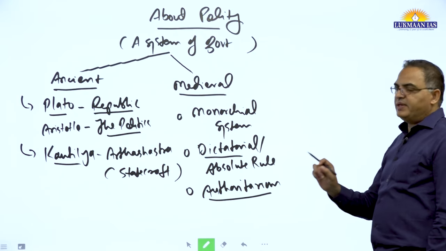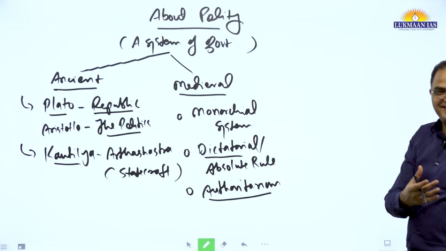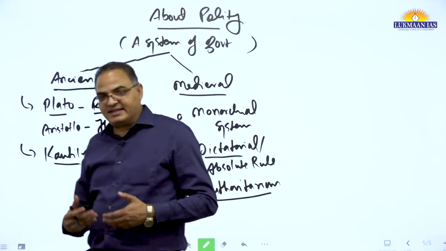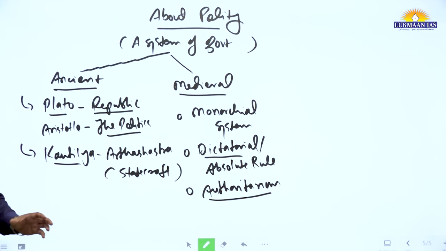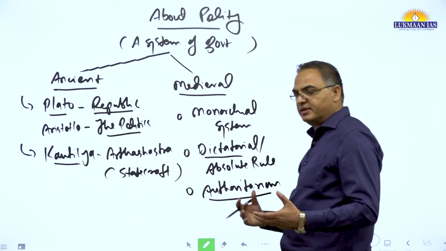And at the same time, they can be a bit benevolent also, welfarist also, isn't it? But largely you find that the characteristics of medieval time were more of a monarchical system, more of a feudal system also. In the feudal system you can also find other things.